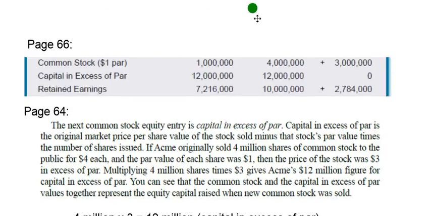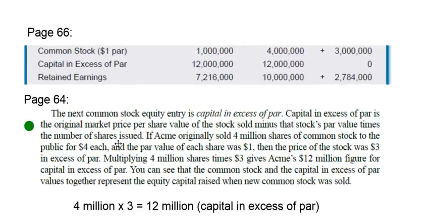So, reading from page 64, the next common stock equity entry is capital in excess of par, right here. Capital in excess of par is the original market price per share value of the stock sold minus the stock's par value times the number of shares issued.